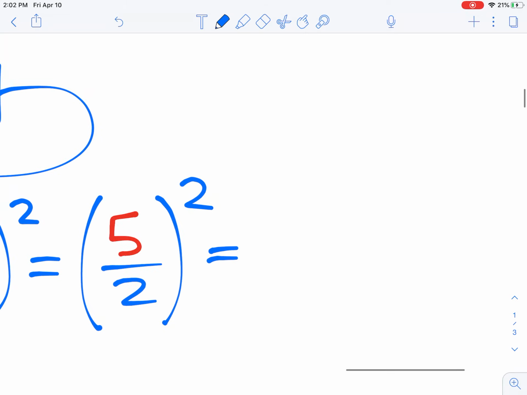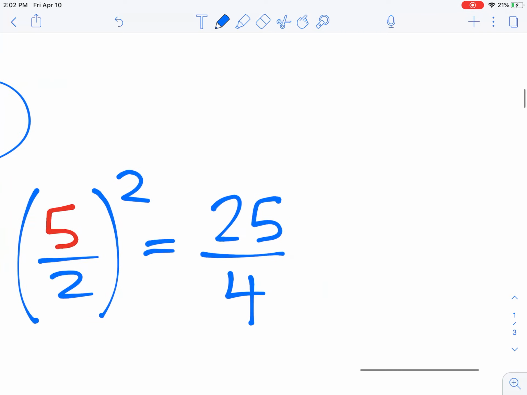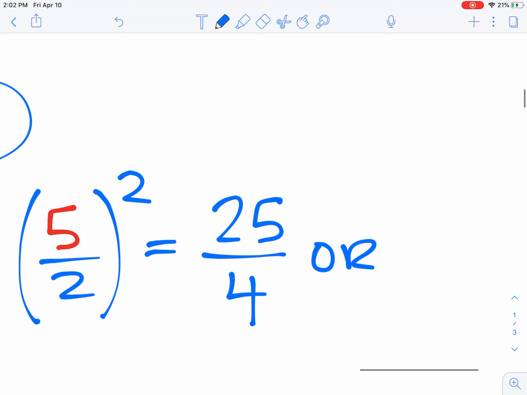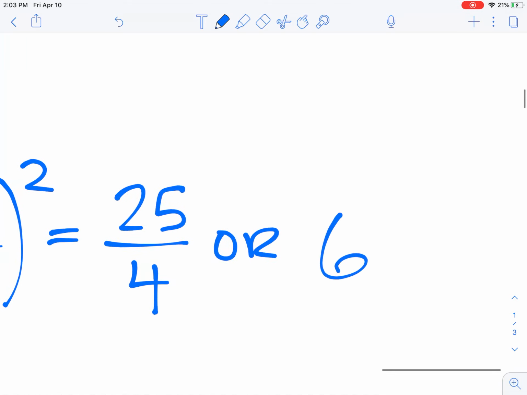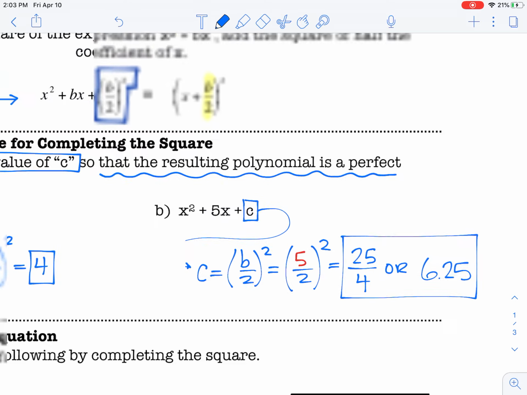So if you wanted to keep it here, 5 squared is just 25. 2 squared is 4. Just make sure you square both the top and the bottom. That's our exponent properties coming back in. Or if you would like, you can go ahead and write it in its decimal form, which is 6.25. That's the exact answer too.